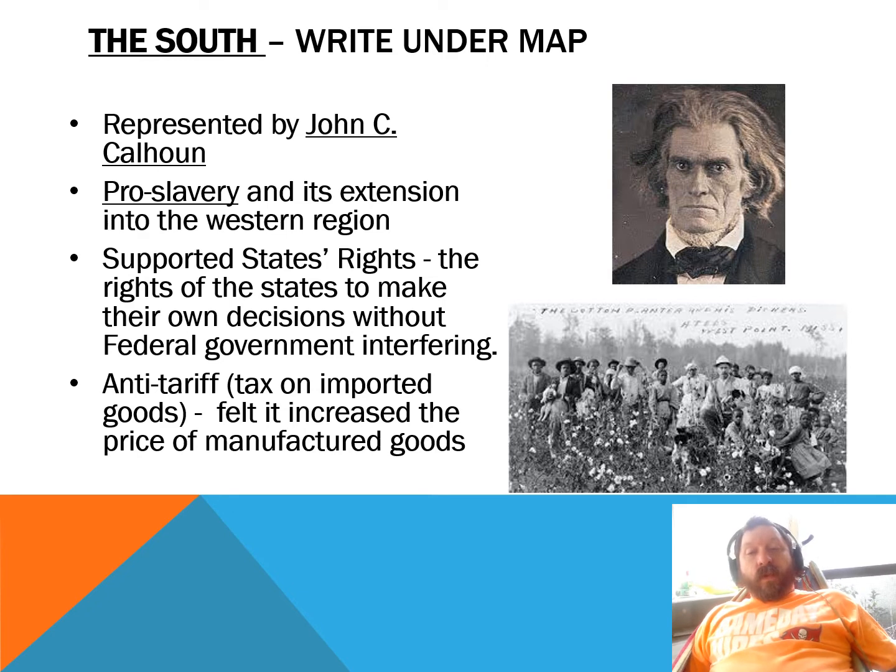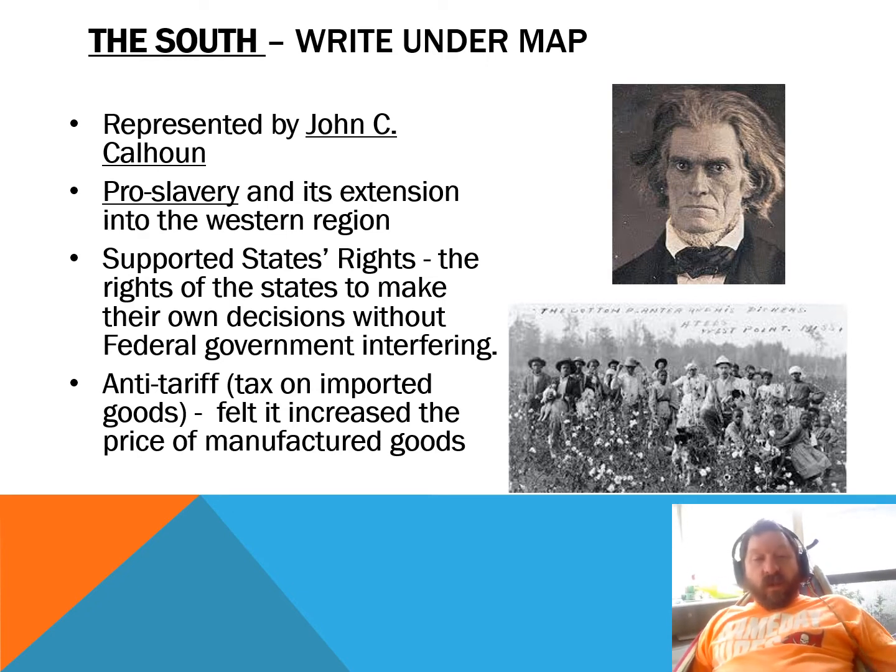Remember, the North was against slavery's expansion to the West, and of course the South wants it to expand. The South you would also see as more supportive of what's called states' rights. States' rights is this idea that the states are the ones who make decisions.